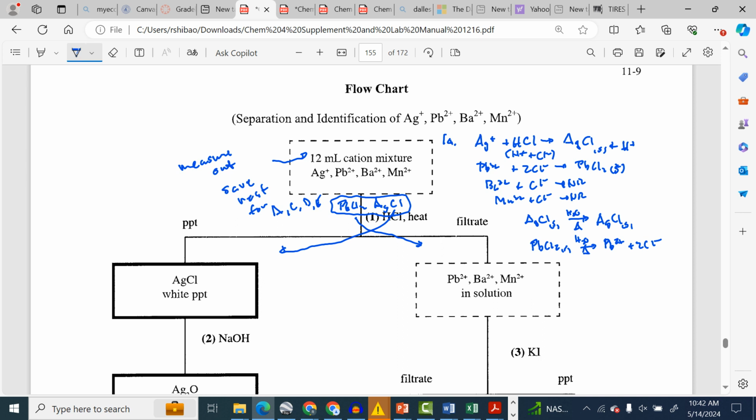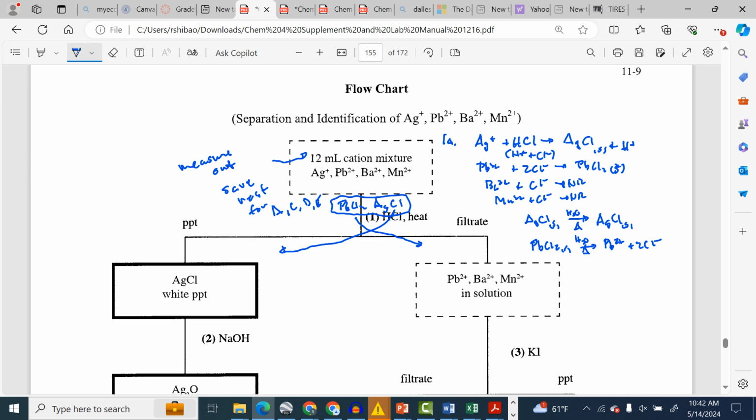So that should be enough, like halfway. And then this is probably what you want to do first because it takes a long time to get water hot, at least boiling. And so set this up first. Get your water going. We might have boiling chips. If not, then we'll just have to deal with it without them.